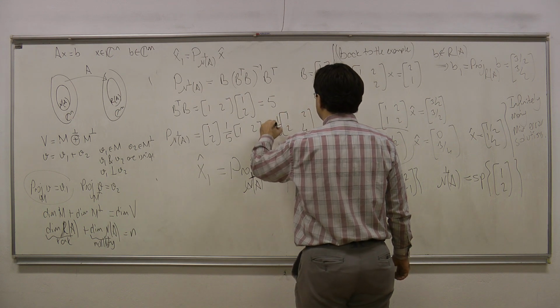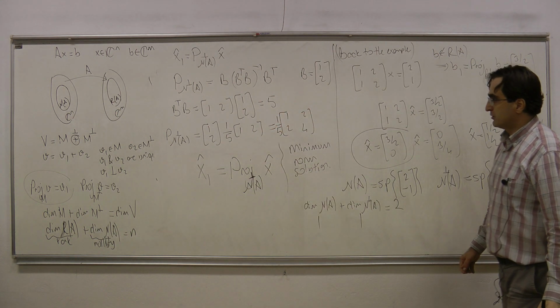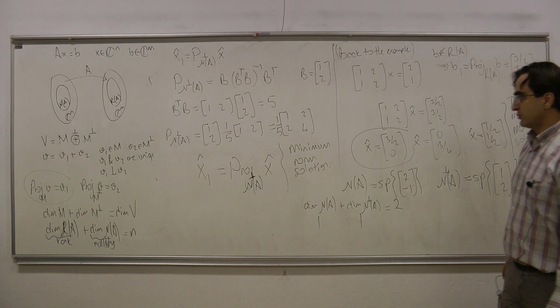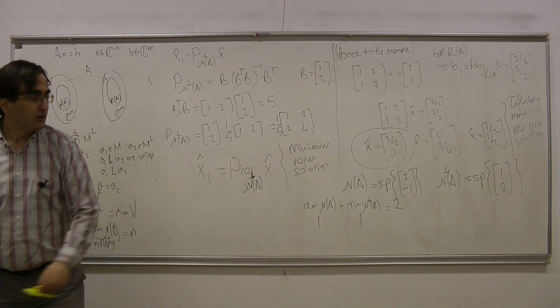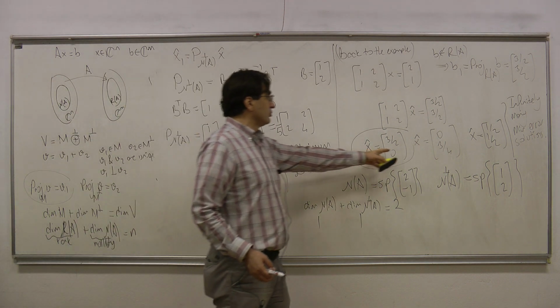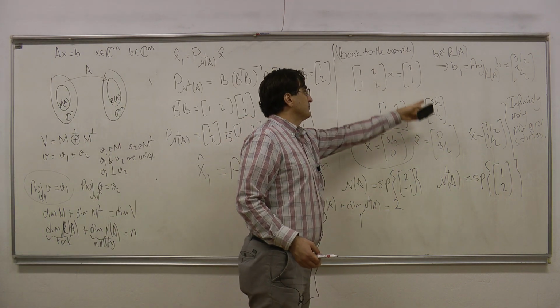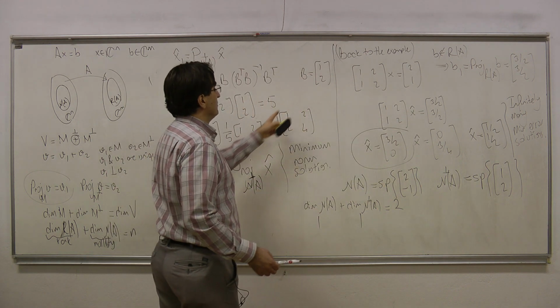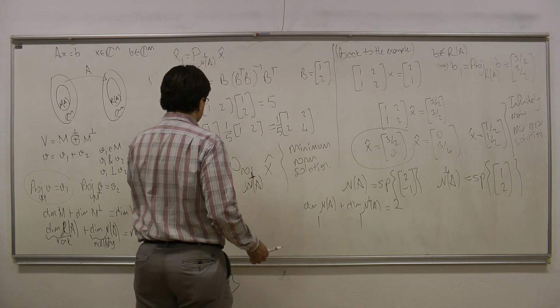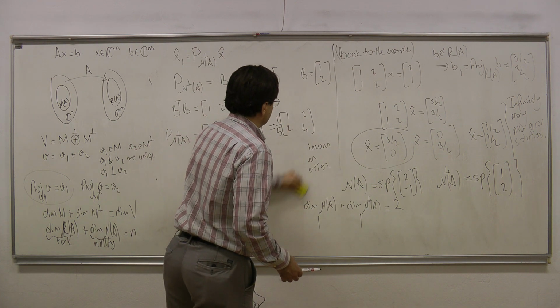This is the projection matrix onto null space of A orthogonal complement. And then what I have to do is to project an arbitrary solution of this equation onto that subspace by multiplying it with this projection matrix.